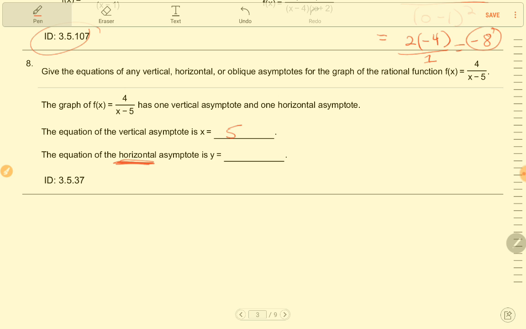Horizontal or oblique, there are 3 possibilities.